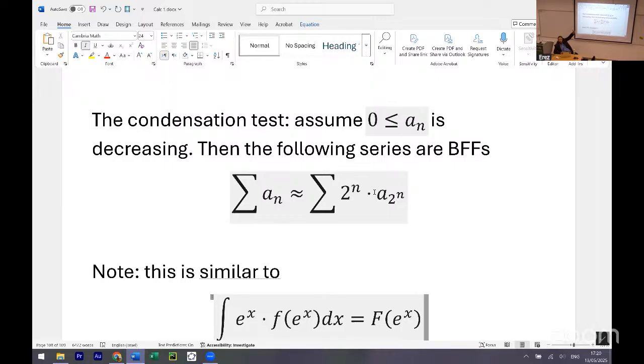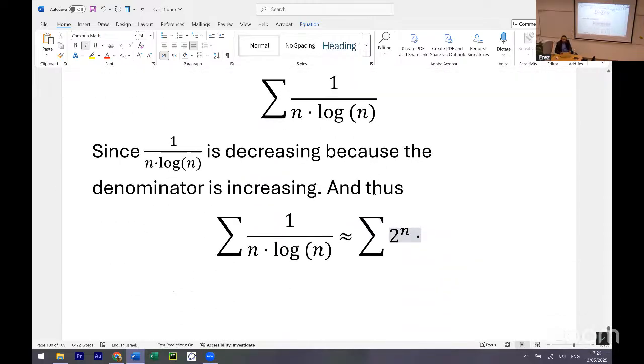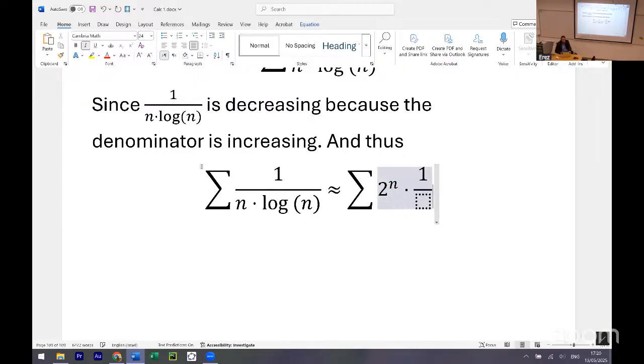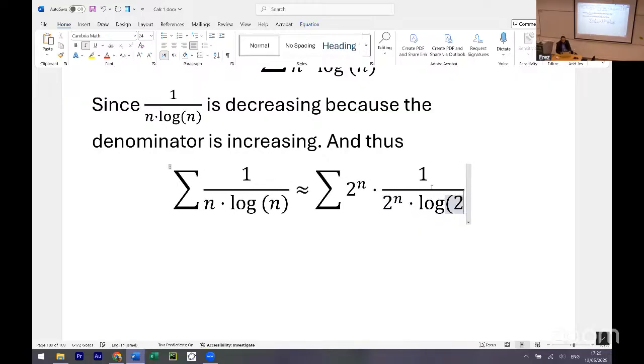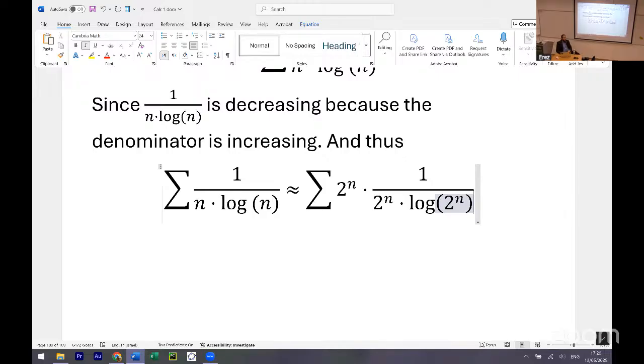It's actually a subsequence. So everywhere where n is written, I write 2 to the power of n. Agreed? That's what the test says. I didn't show you yet why it is true. It's actually quite nice and has to do with condensation. But for now, I'm just showing you.